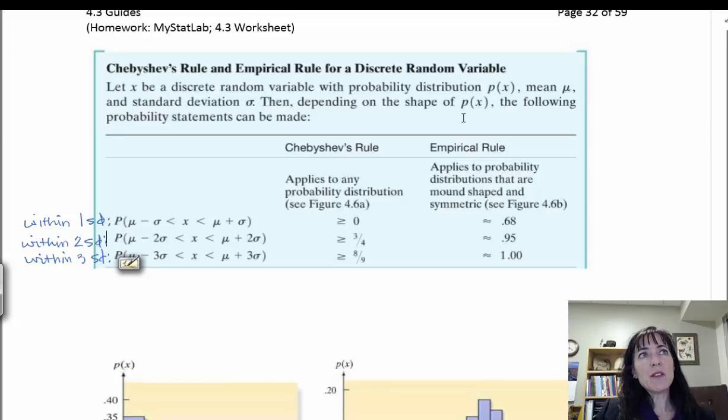And then depending on the shape of the probabilities, so if it's mound-shaped or not, we're looking at that shape, then we can look at these probabilities here. And so we're saying the probability that a value of x, some random variable, falls within those 2 probability measures is going to be these percents over here.